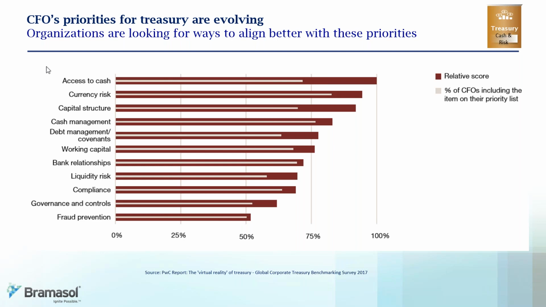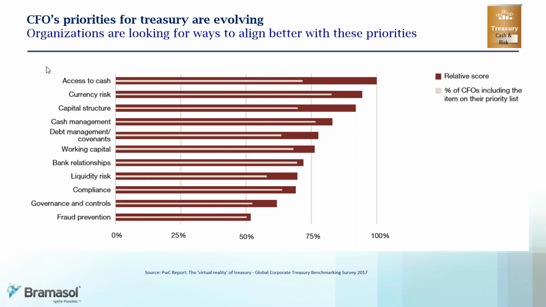I like this graphic, but there are others just like it that talk about the real importance of different elements and the rise of these importance. And for CFOs now, it's access to cash, it's managing risks such as currency risk, understanding your capital structure.